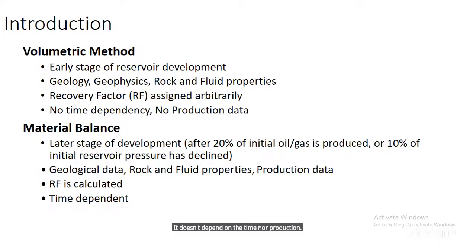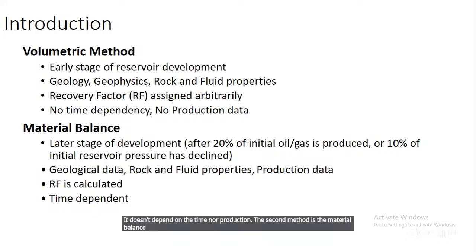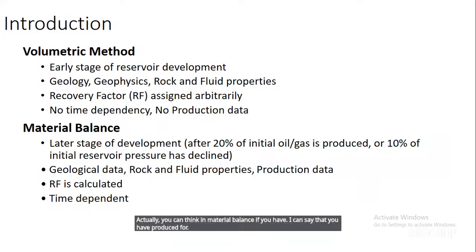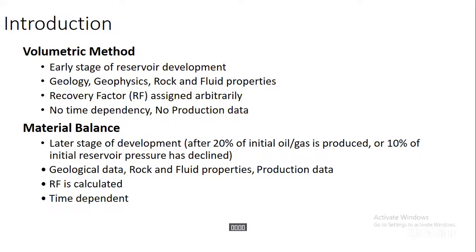The second method is material balance. It's the one in our focus. You can think of material balance if you have produced for several months and years, around 20% of the reserves of this reservoir.